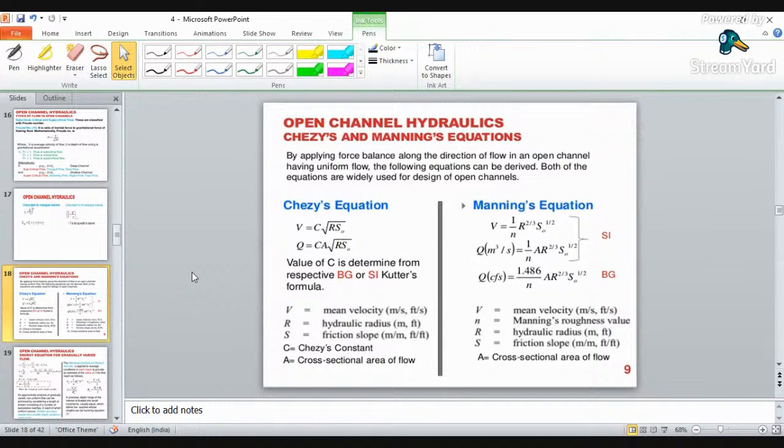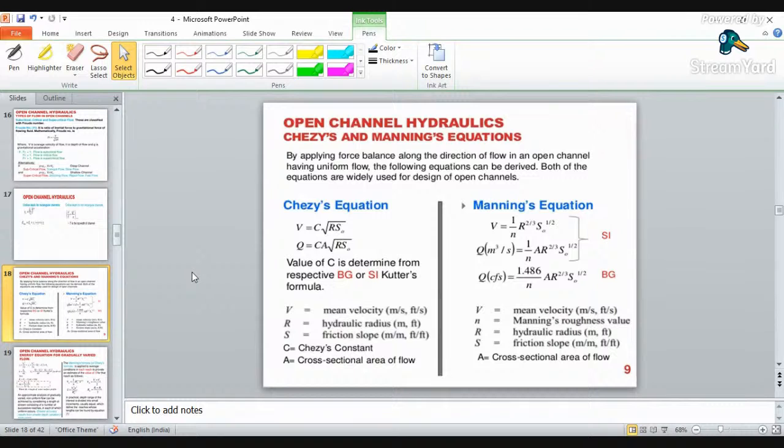Okay, so by Chezy's equation, you can find out the discharge, which is area into velocity. So area into velocity will be C into square root of RS. And again, by means of Manning's equation, you can find out the discharge. You have to put the velocity in the continuity equation, that is Q is equal to area into velocity.